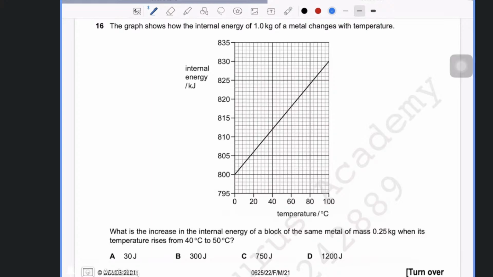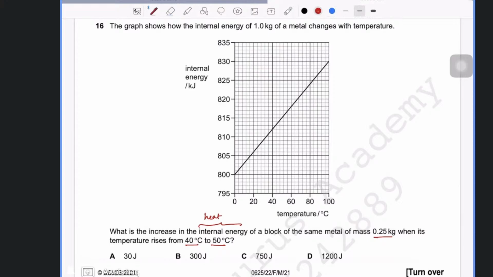Okay. So it says, what is the increase in internal energy of the block? By the way, like when we were doing energy, internal energy is basically heat as well, so don't worry. Of a block of same metal of 0.52 kg when its temperature rises from 40 to 50, right? So we're gonna go on to this.